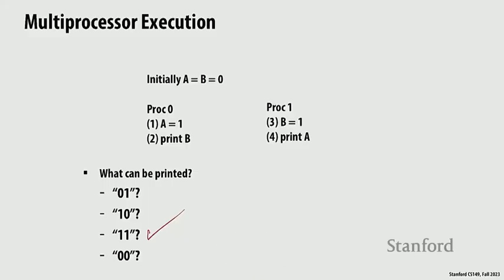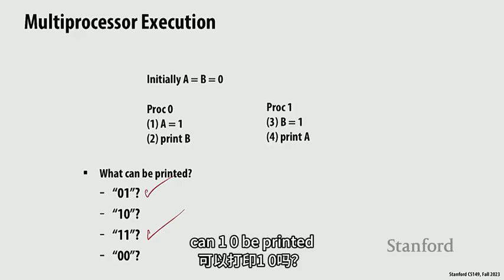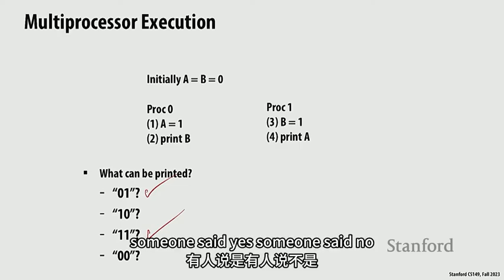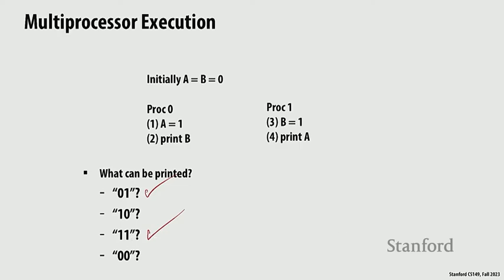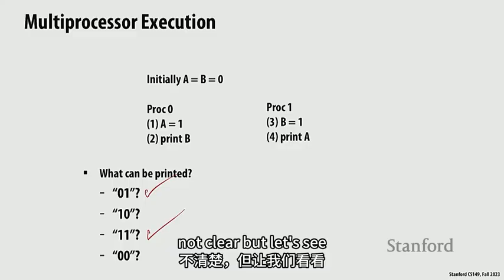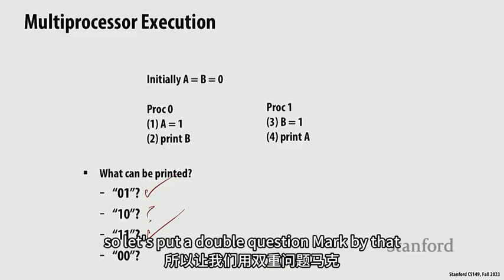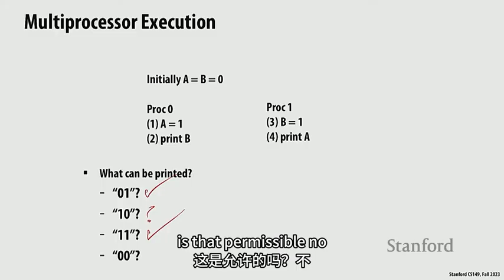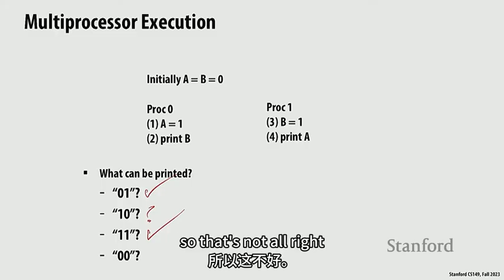Yeah, 0, 1. Can 1, 0 be printed? Someone said yes, someone said no. Well, not clear, but let's see. So let's put a double question mark by that. What about 0, 0? Is that permissible? No. Okay, so that's not.